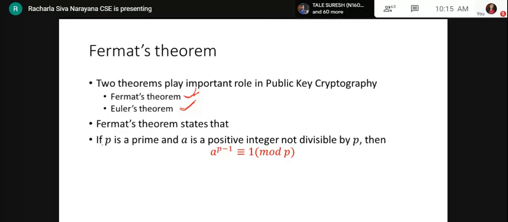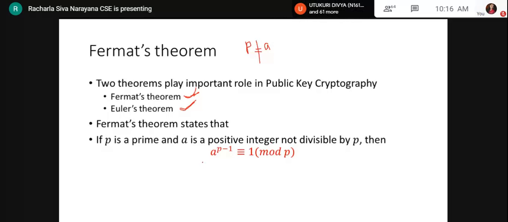So if P is a prime number and A is a positive integer not divisible by P.